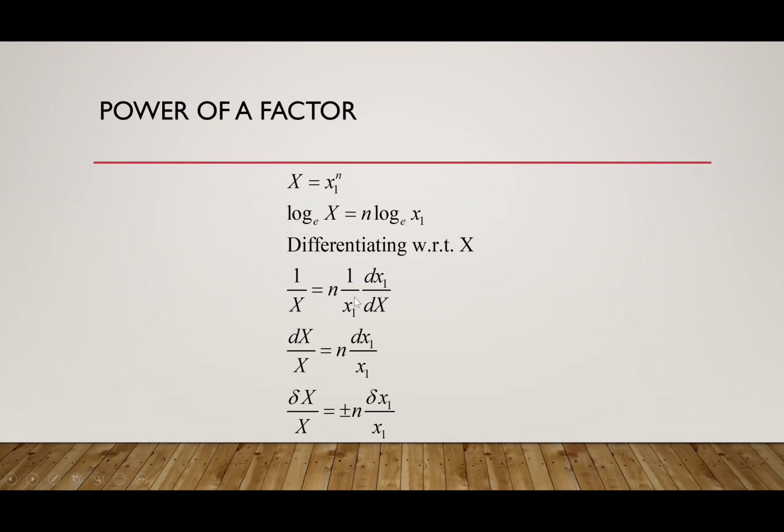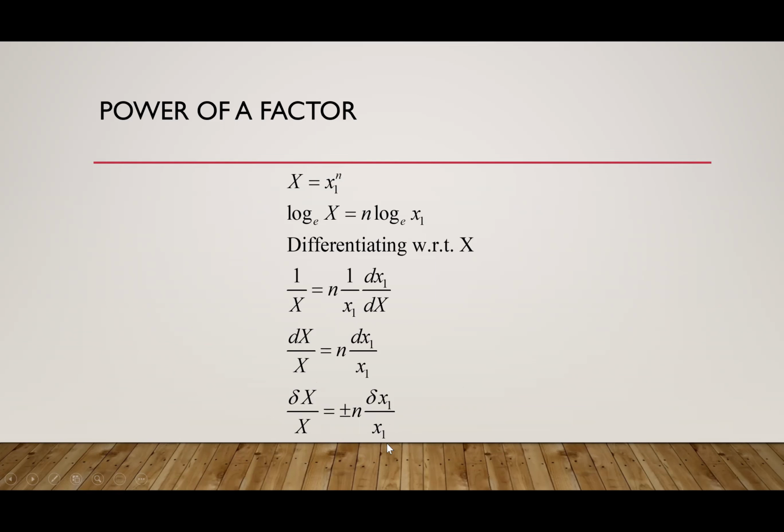I rearrange these terms, so then I get dx upon x is equal to n into dx1 upon x1. This difference can actually be replaced by some small change delta. So delta x upon x becomes plus minus again for the maximum possible values. Either it could be on the positive side or it could be on the negative side. It can be plus minus n delta x1 upon x1.